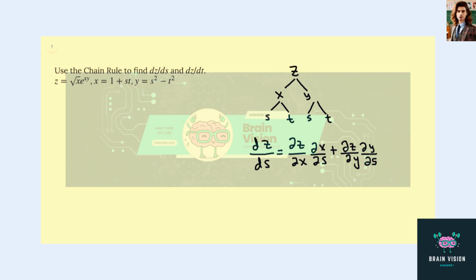Okay, so now let's go ahead and compute some partial derivatives. So the derivative of z with respect to x, we'll use the product rule there. So the first derivative, that's 1 over 2 radical x e^(xy).